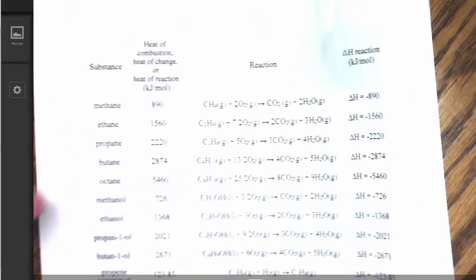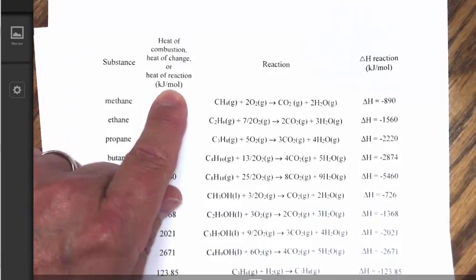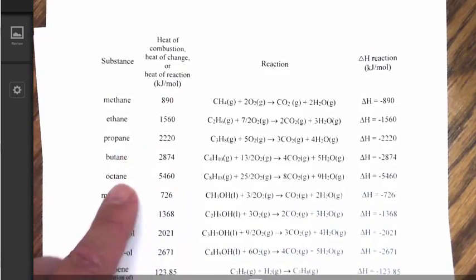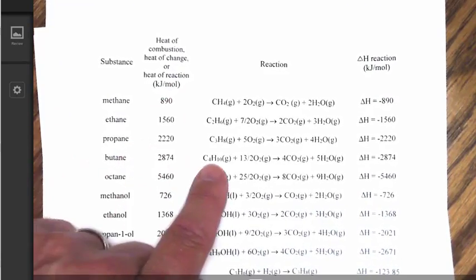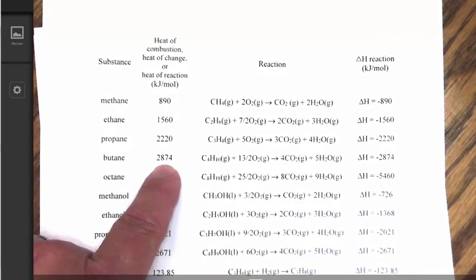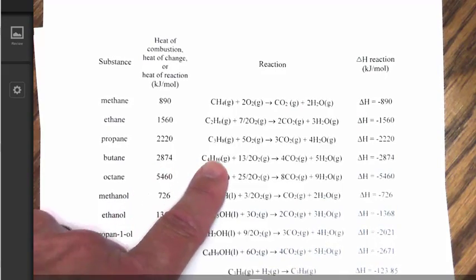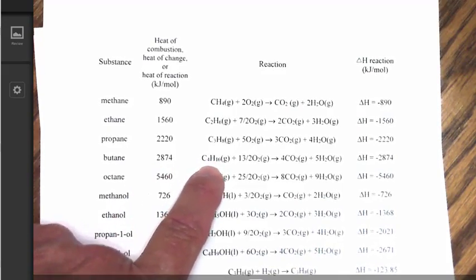Now, our heat of combustion is listed in kilojoules per mole. Per mole of what? Per mole of the starting chemical, butane. So it's per mole of all of these, okay? In this case, per mole of butane, 2874 is the number of kilojoules of heat produced from burning 1 mole of butane.